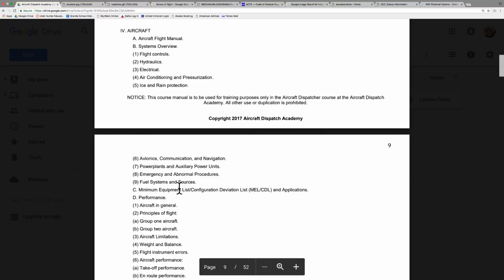We go over the systems that they have on board that aircraft. And we'll talk about things like the different sources of power, AC or DC electrical current. We go over the hydraulic systems, the pneumatic systems, the flight controls, and stuff like that.